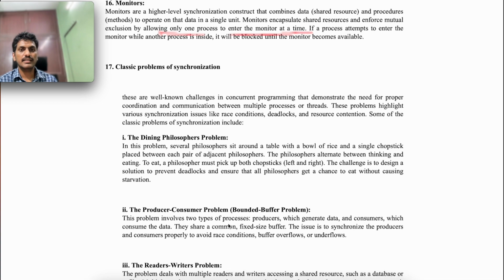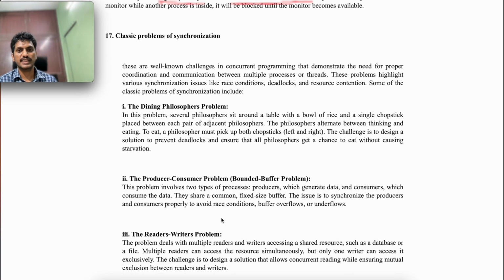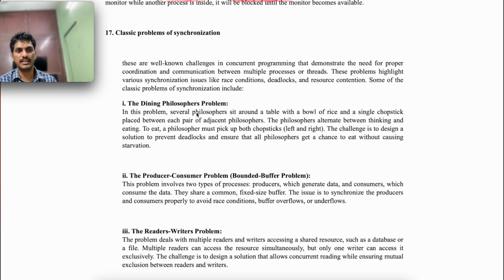Next, classical problems of synchronization. Dining philosophers problem. Here, some number of philosophers are sitting at a dining table for eating and thinking. Philosophers usually think and they also need to eat food, otherwise they die, right? Some rice is given and a single chopstick.